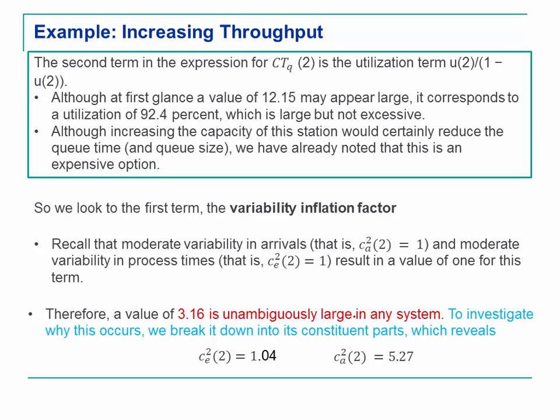Why this occurs, we break it down into its constituent parts, which reveals that the coefficient of variation of the effective processing time is equal to 1.04, which is close to what we expect, but the coefficient of variation of the arrival process of the second machine is 5.27, which is very large when compared to what we are expecting.